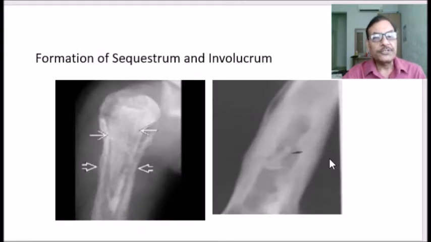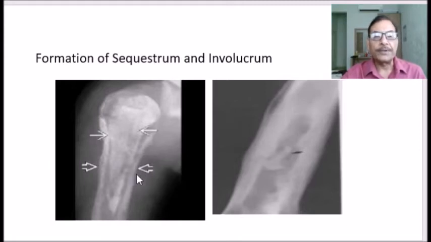This is a case of sinogram. The sequestrum and the involucrum, you can see it. This upper part of the shaft of the humerus has sequestrated, or it has become dead. And once it becomes dead, the pus has come subperiosteally and the periosteum is elevated.